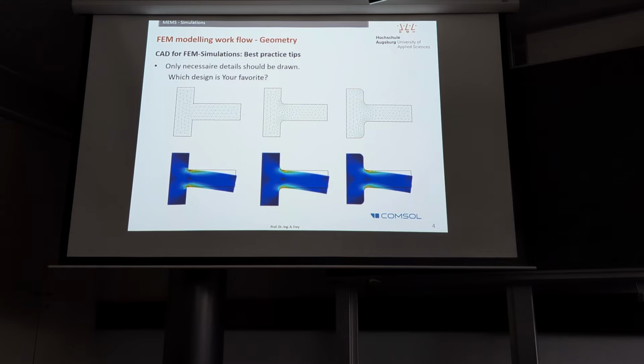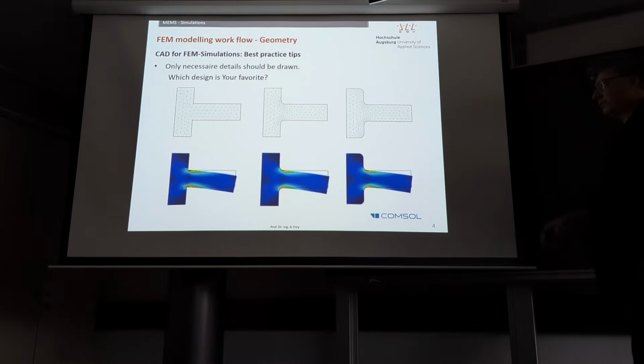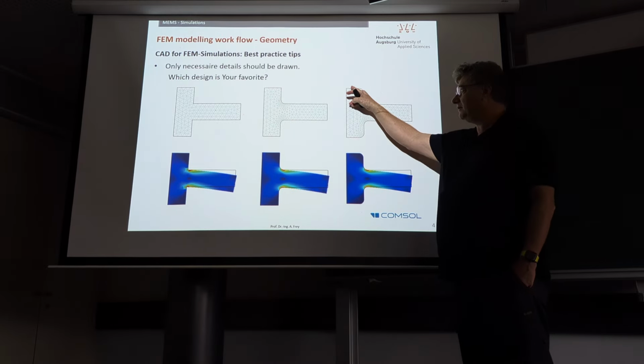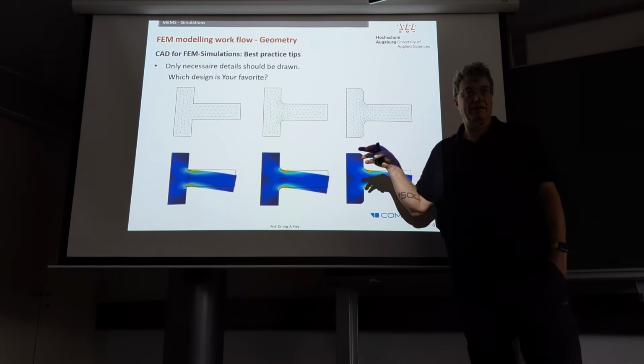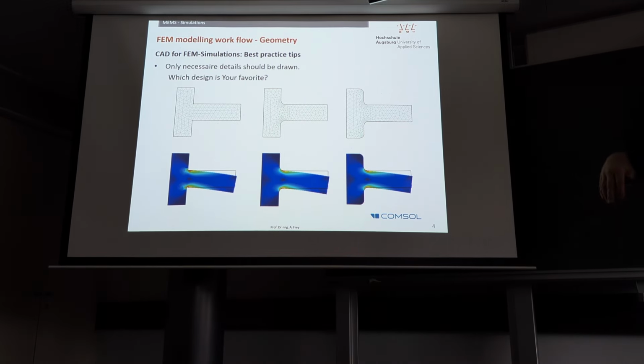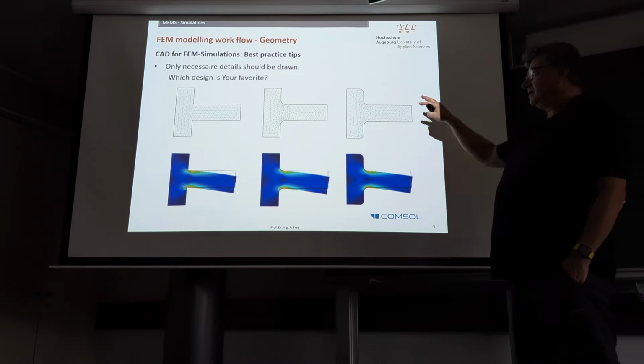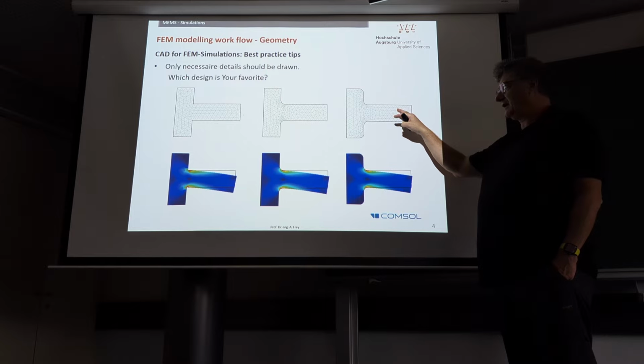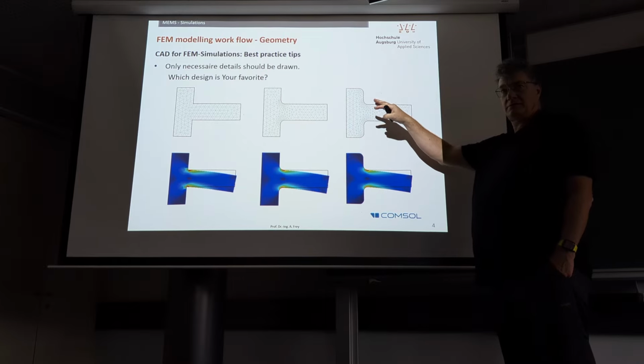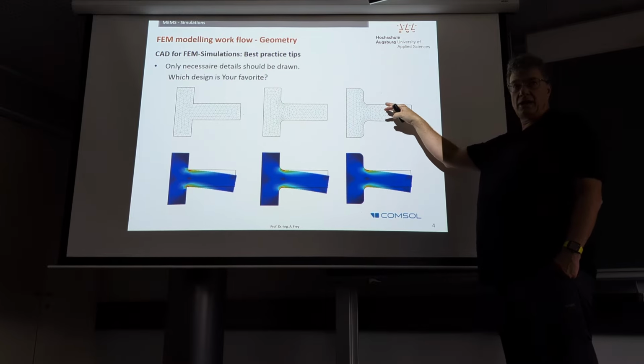But that is the type of thinking you should have in mind. First of all, when you decide what your geometry is, a mechanical engineer who is responsible for designing that part would probably make a fillet at every corner, maybe also for optical reasons and so on. So that is the CAD geometry from the mechanical guy, but simulating the thing does not mean it's a good idea to directly use it.